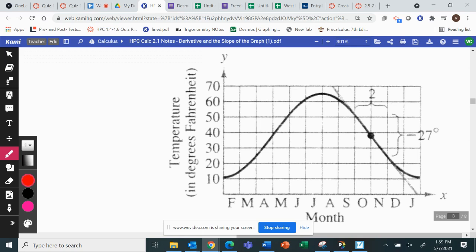And we are going to find the slope of this tangent line that goes through this point. And that point is between October and November. So we're going to find the slope, and then we're going to discuss what that would mean according to this real life situation. So who could tell me what the slope of the tangent line at this point could be?